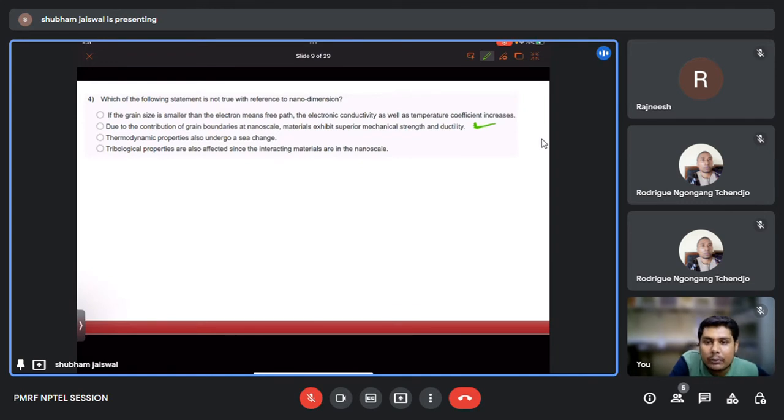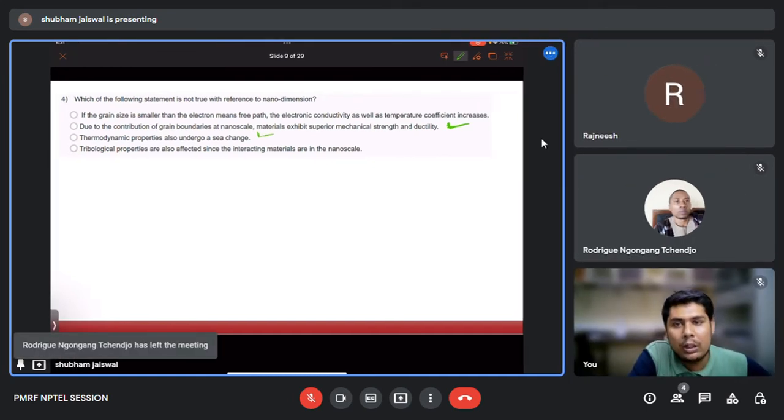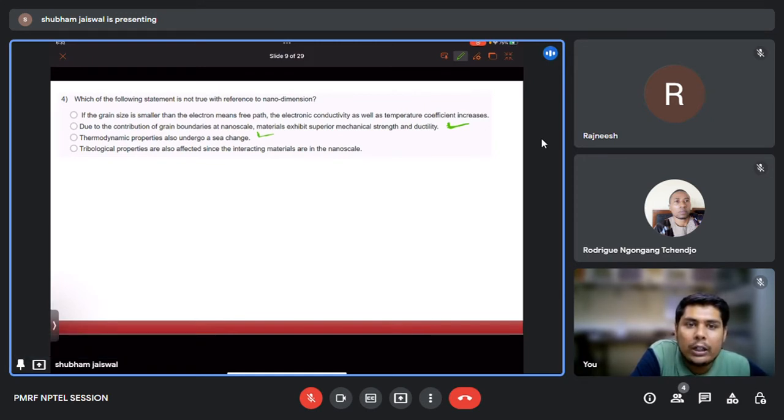We get superior properties if the material goes to the nanoscale because of the grain boundaries and other interactions. Similarly, thermodynamic properties also undergo a change due to the interaction of surface energy and strain energy. This is also true.